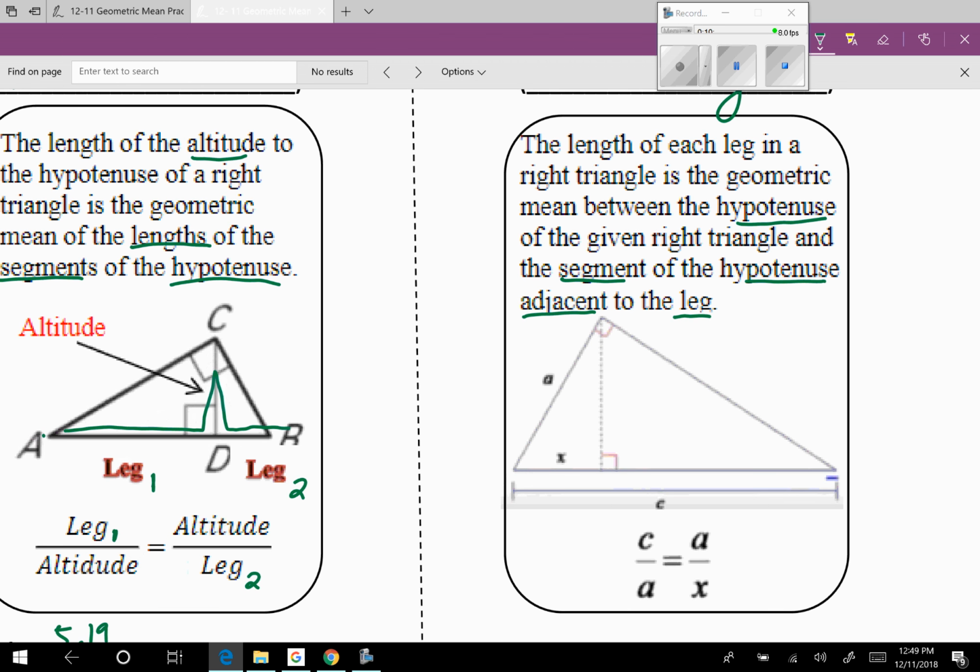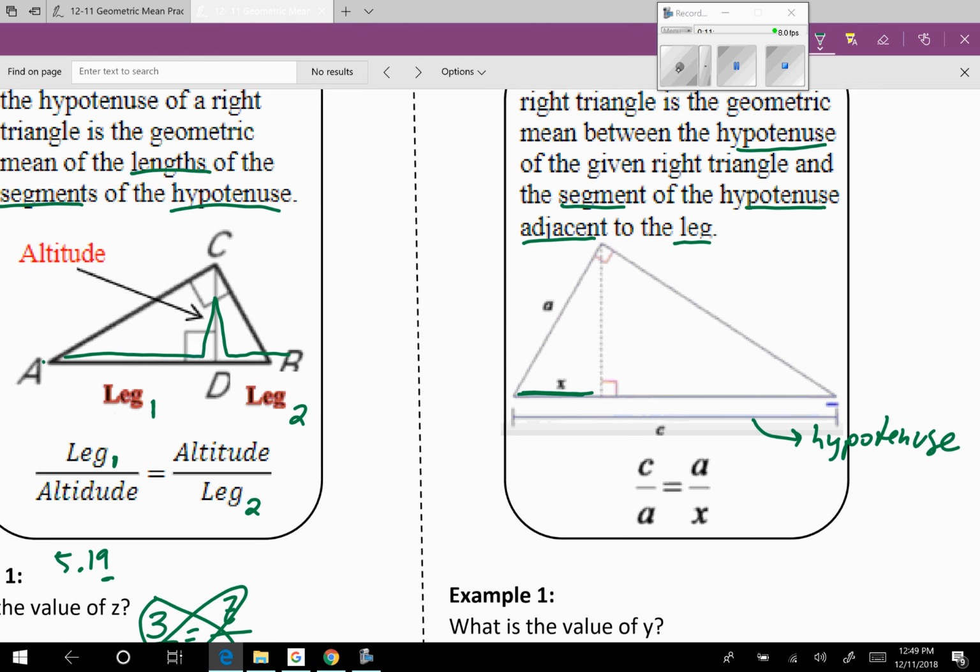So if you notice our hypotenuse, C, that's your hypotenuse. The altitude right here cuts it into two parts. You have the X, and then you have this other part over here. A is connected directly to X, so that's the adjacent part. The way you set up your formula, you do C, your whole hypotenuse.